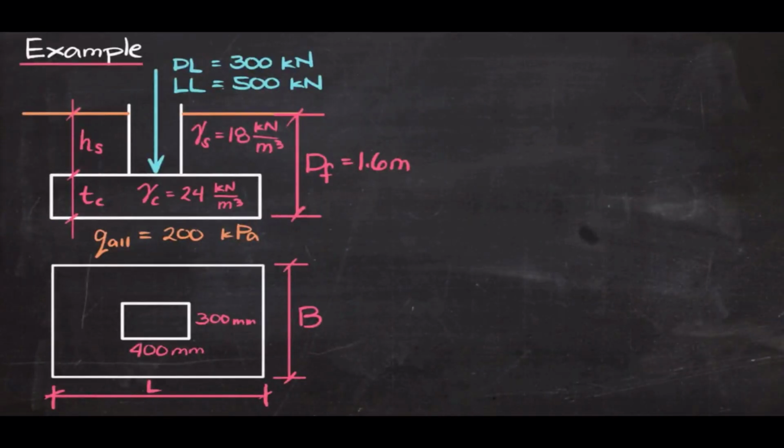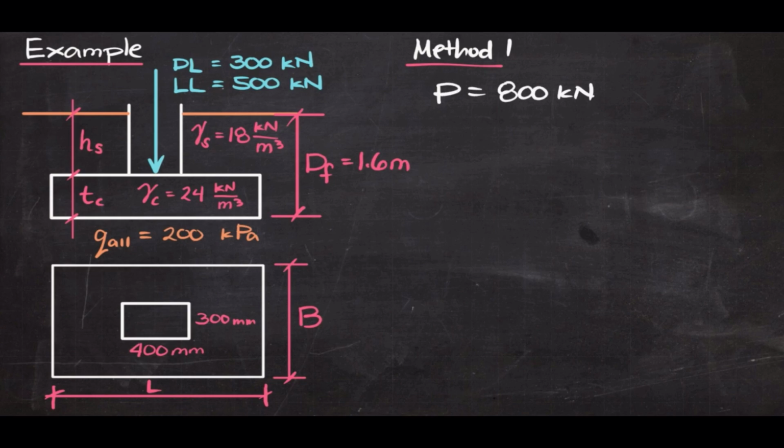Now, if we do example 1, or the first method, method 1, I know that the load would be 800 kilonewtons. This is the surface load. And if I assume that the weight of soil and footing is 10% of that, that would give me 80 kilonewtons.